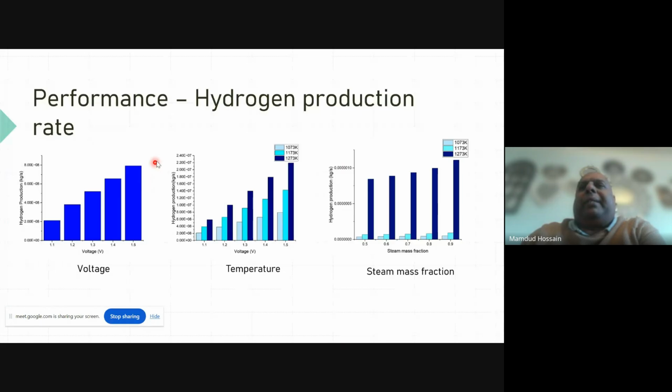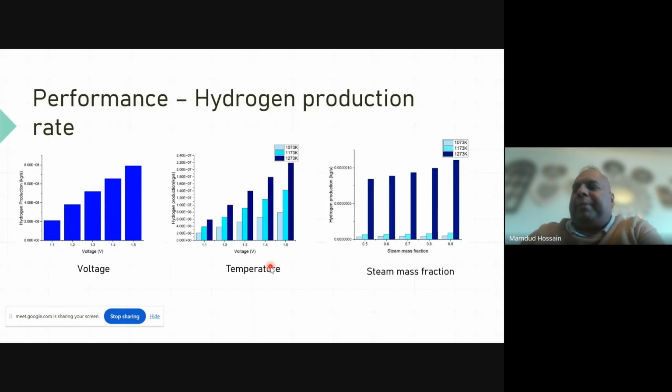If you look at the temperature again, the higher the temperature, the higher the hydrogen production rate. It is quite obvious that at high temperature you have higher electrochemistry, that means you have lower activation potential, better electrochemical reaction and things like that, so you get a higher hydrogen production rate.